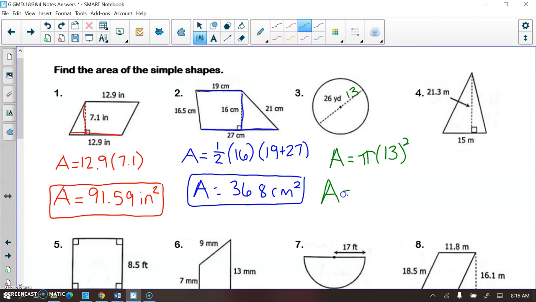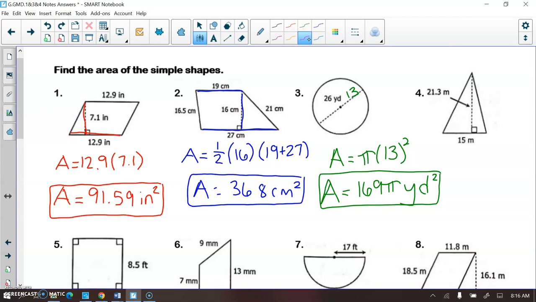If I ask you to leave it in an exact format, we don't multiply 169 times pi. We just leave it as 169 pi as our answer. If I ask you to round, there is a pi button on your calculator. So if you do 169 times pi on your calculator, then you would round your answer. But I'm going to be asking you for exact answers in this lesson.